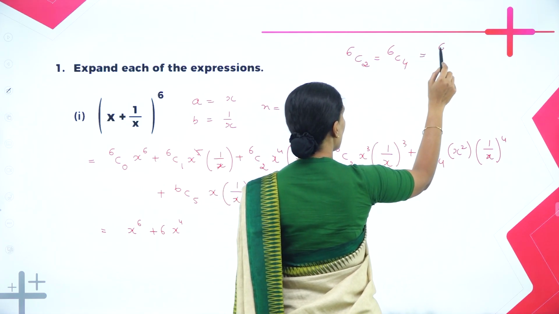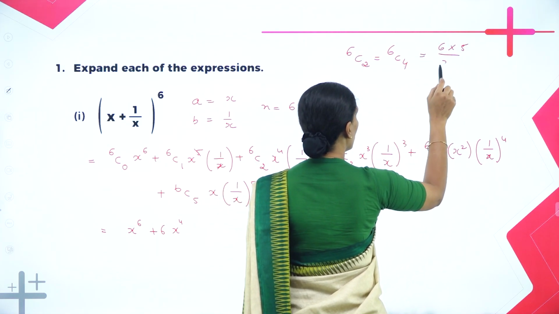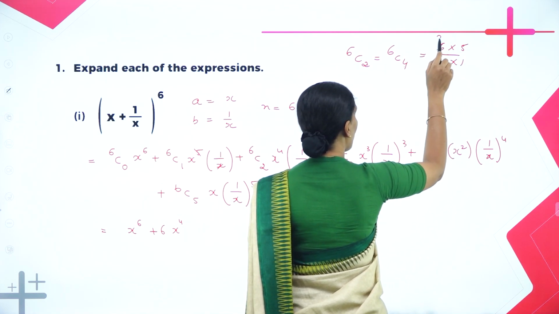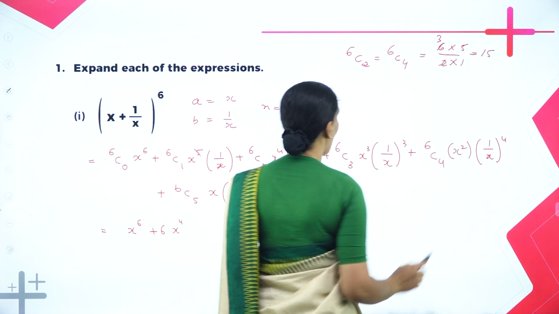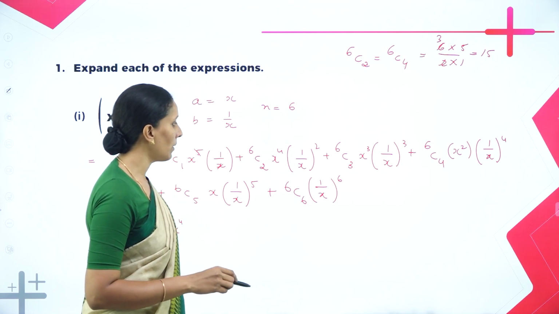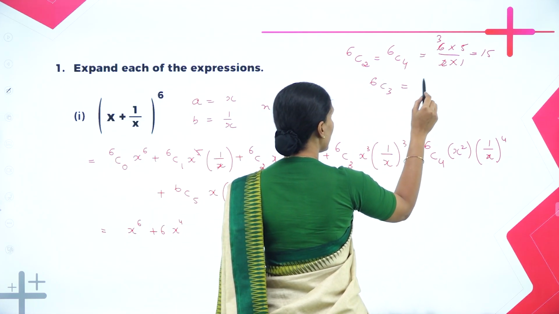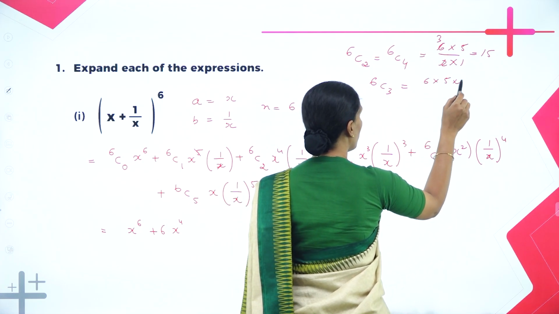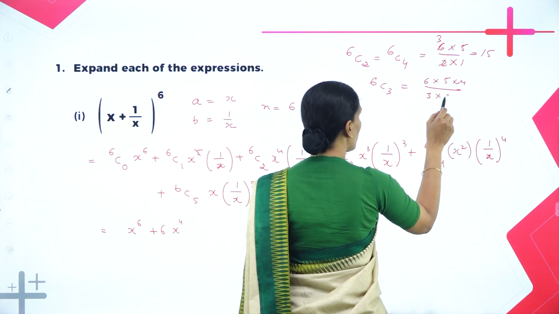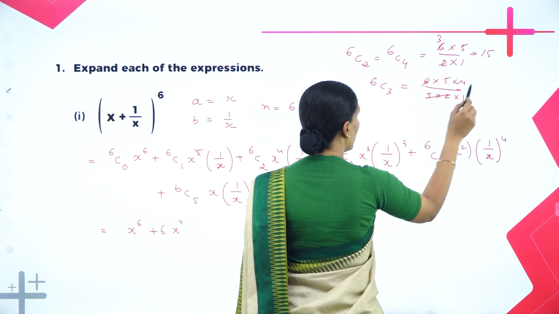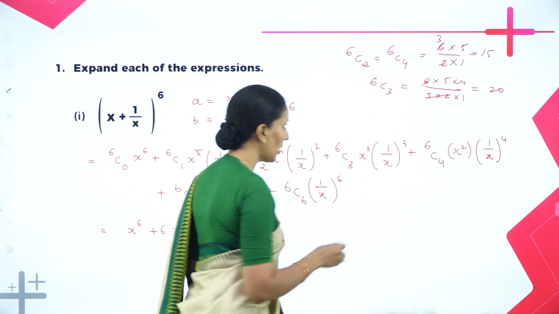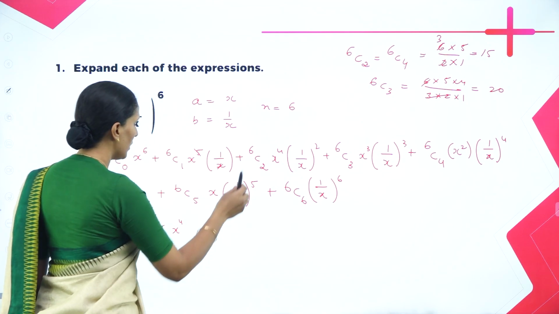So we can write this as 6 into 5 by 2 into 1. So the value is 15. So the value of 6C2 and 6C4 will be 15. Now let's calculate 6C3. 6C3 is 6 into 5 into 4 divided by 3 into 2 into 1. So it is 20. The remaining we can directly substitute.